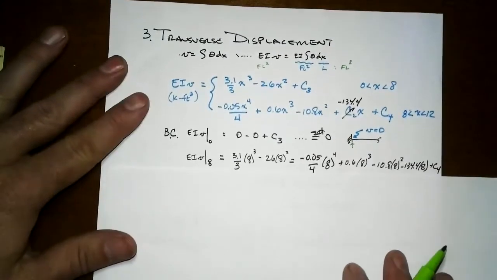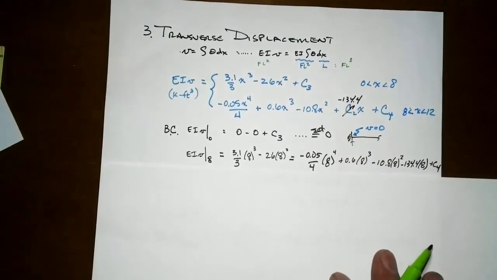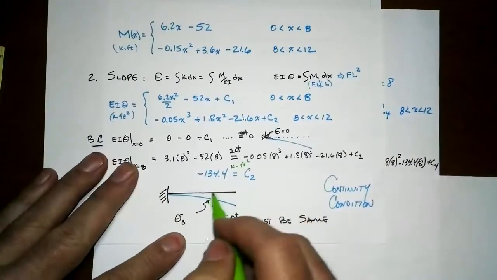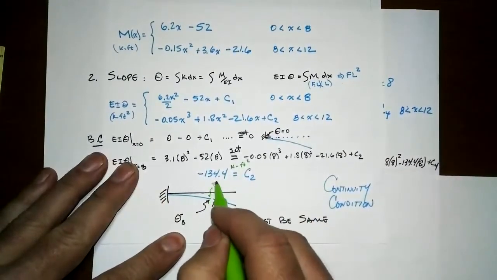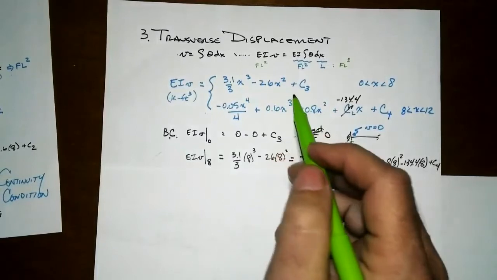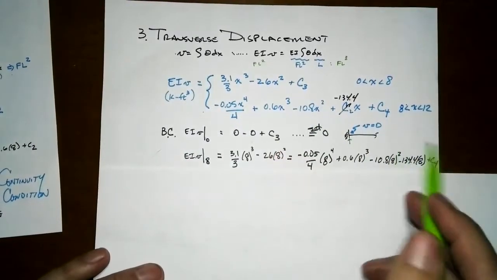Right? When we then look at the continuity condition, that is that the transverse displacement from the left and the transverse displacement from the right, from these two different expressions, have to be the same. That's our continuity condition.